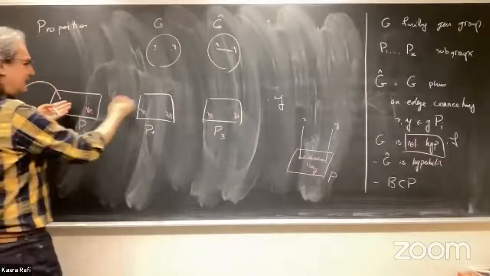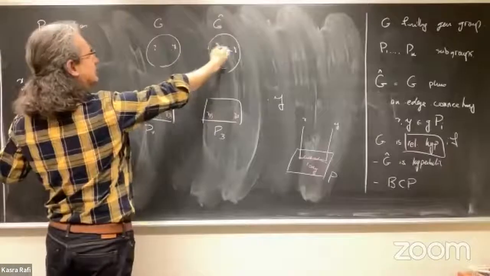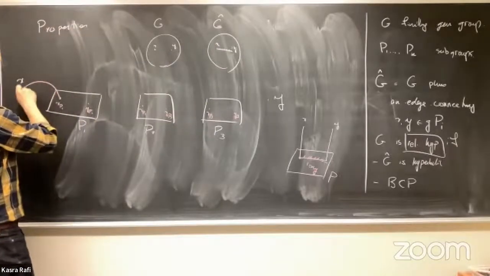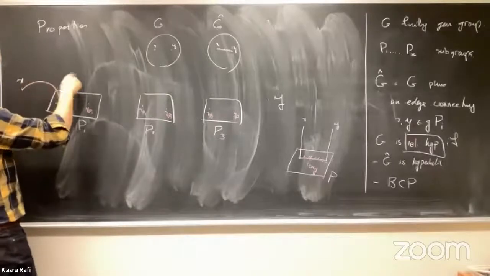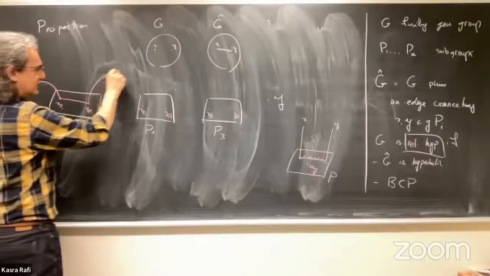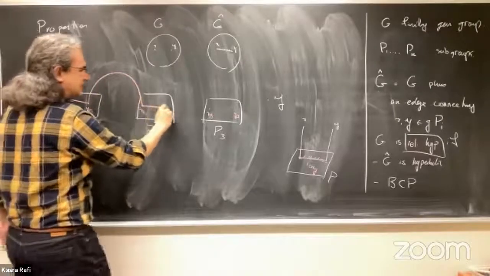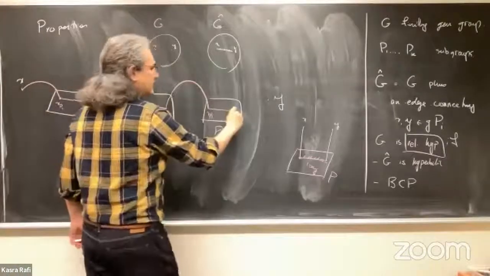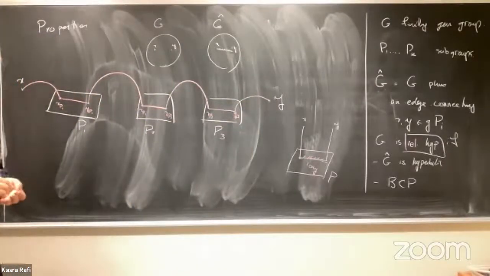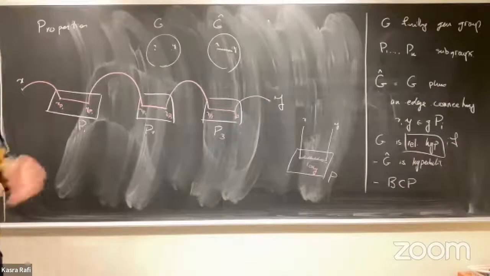In fact, these guys happen to line up inside of G, and the geodesic looks like this. You go from X to X_P1, you connect to Y_P1, then you go to X_P2, you connect here, and you go like that. So this is a good model for a geodesic. This is a quasi-geodesic.